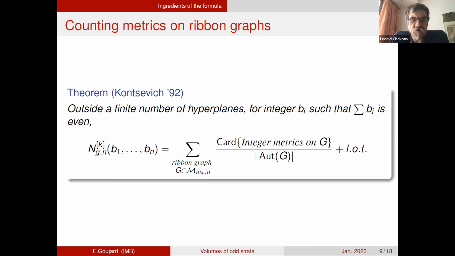Yes, probably a comment. I think Kontsevich has nothing to do with integer numbers. What do you mean? There was nothing about integer values; he always considered a symplectic form based on these numbers. So there was nothing about integer b's in Kontsevich's paper of 92. I'm pretty much sure about that.